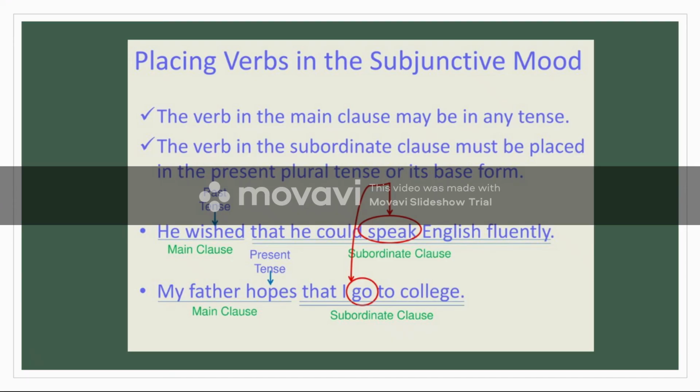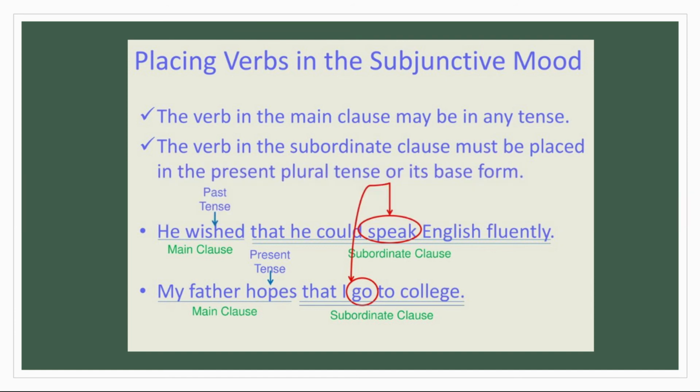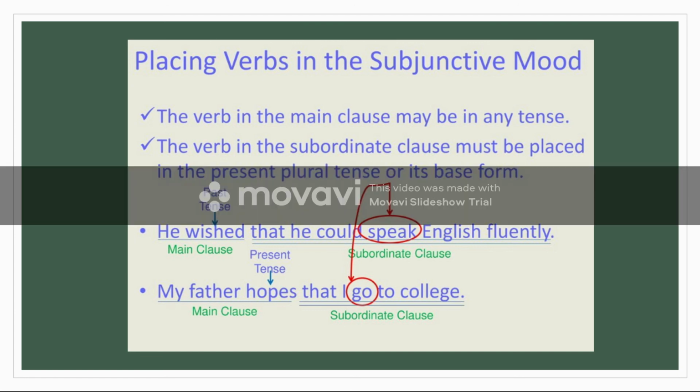When placing verbs in the subjunctive mood, the verb in the main clause may be in any tense. Also, the verb in the subordinate clause must be placed in the present tense or in its base form. As you can see in the example we have, he wished that he could speak English fluently.